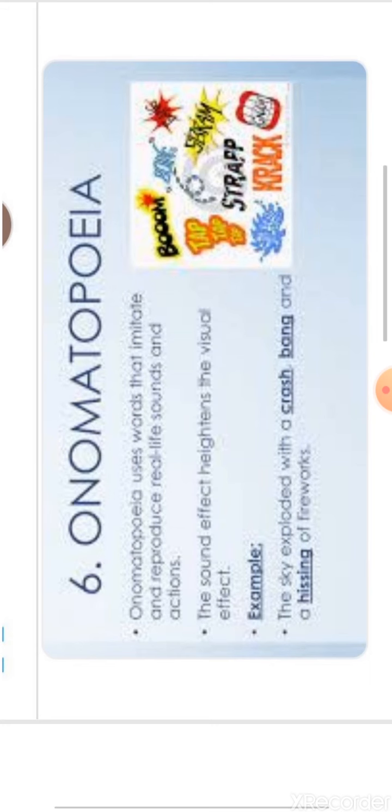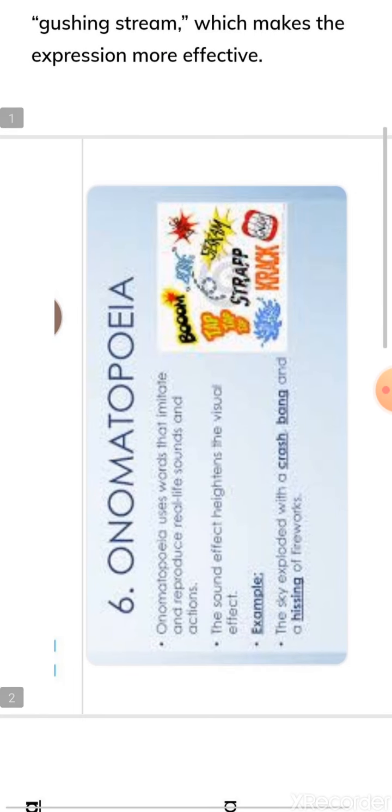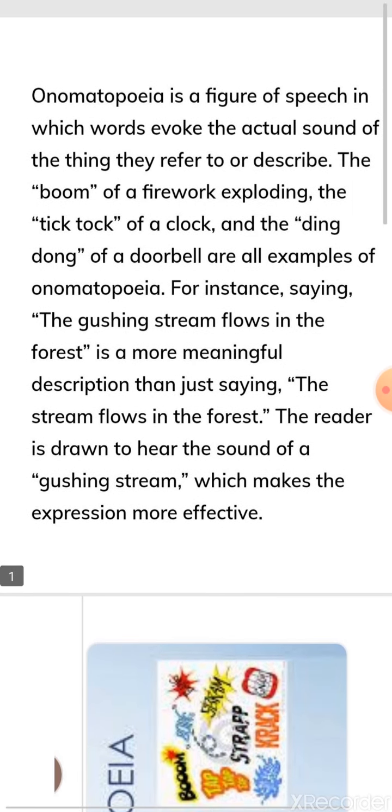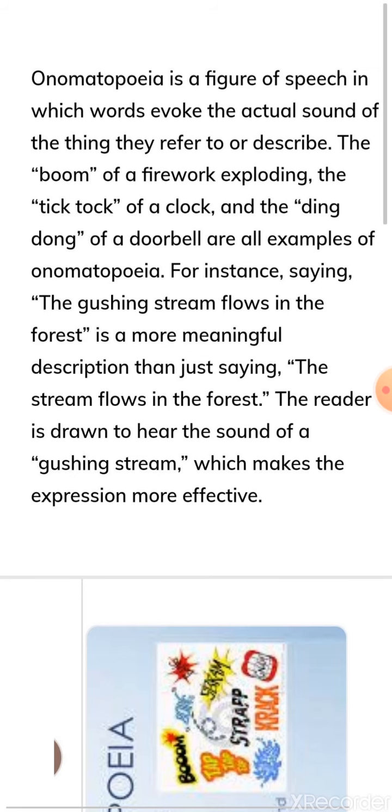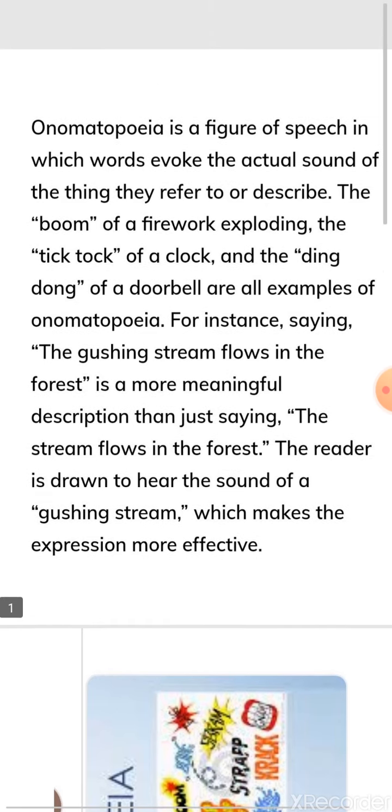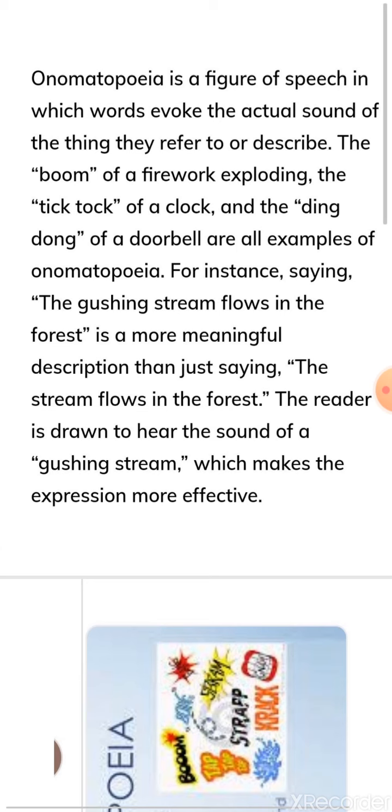Let's discuss the definition. Onomatopoeia is a figure of speech in which the words evoke the actual sound of the thing they refer to or describe. The boom of a firework exploding, the tick-tock of a clock, and the ding-dong of a doorbell are examples of onomatopoeia.